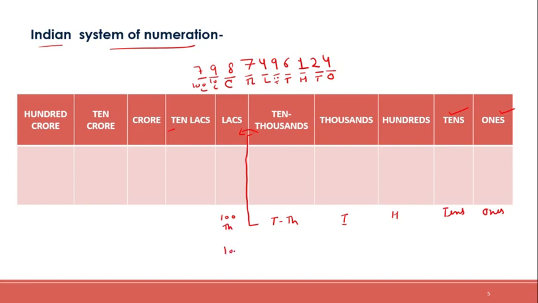Remember, the value will never change. 1 lakh and 100,000 have the same value. We can call it lakh, or we can call it 100,000. It is just the name. In the Indian system of numeration, we call this number lakh. In the international system of numeration, we call it 100,000.